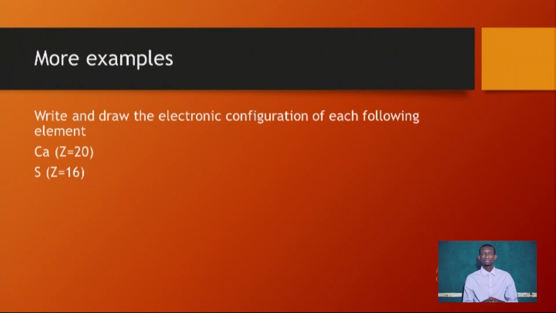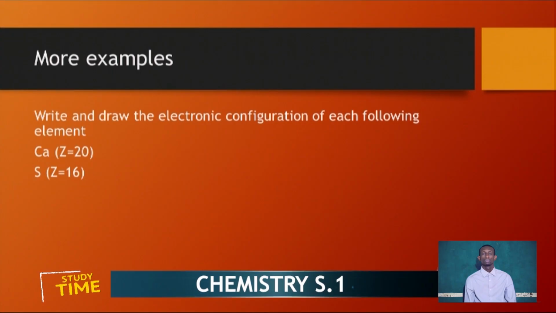For calcium and sulfur, the atomic number of calcium is 20, and that of sulfur is 16. Try. You can make it.